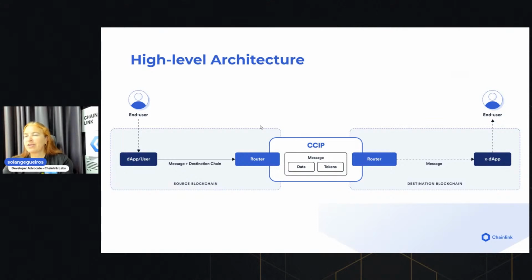So we will receive this message later, and then the router will send it to our application. In order to do that, we must communicate with the router. So this is the router on Sepolia, and the router on Sepolia is doing the communication with our application.